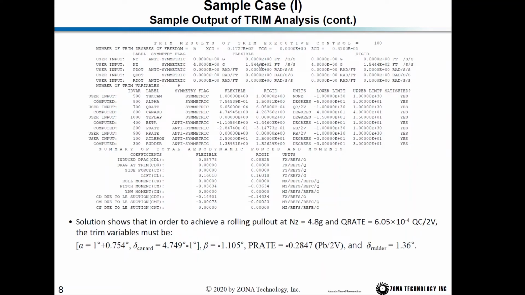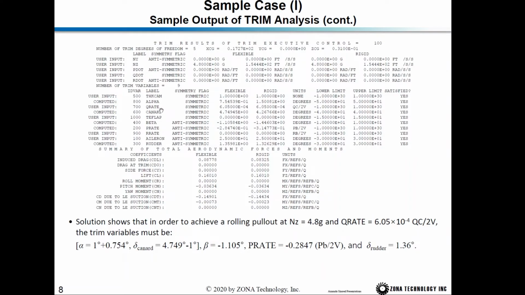This is for flexible. This is for rigid, and then we print out the trim variable solution. The first one, thickness, is given, so it is 1, and the alpha is computed. So for the flexible aircraft, it's 0.75 degrees. For the rigid, it's 1.5 degrees.